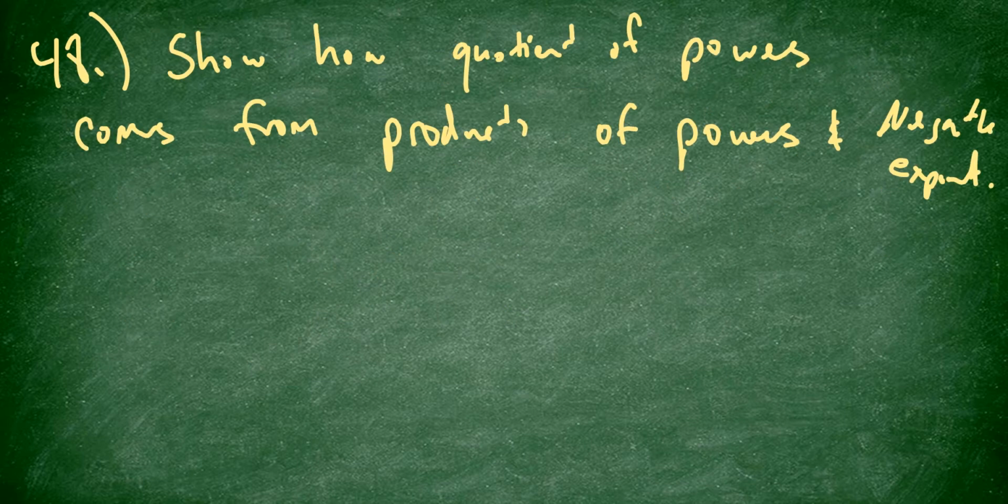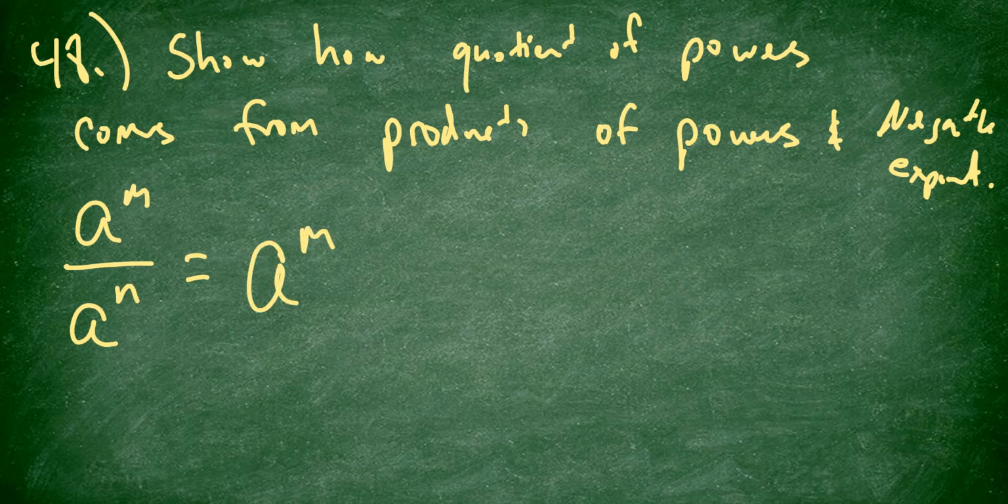Alright, so 48 says basically show us how they took the quotient of powers property and that you can basically prove that using the product of powers property and the negative exponent property. So the first thing I'm going to say is that I can use the negative exponent property to make this a to the m times 1 over a to the n.